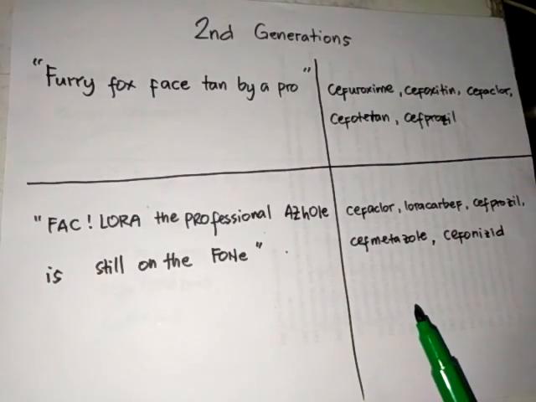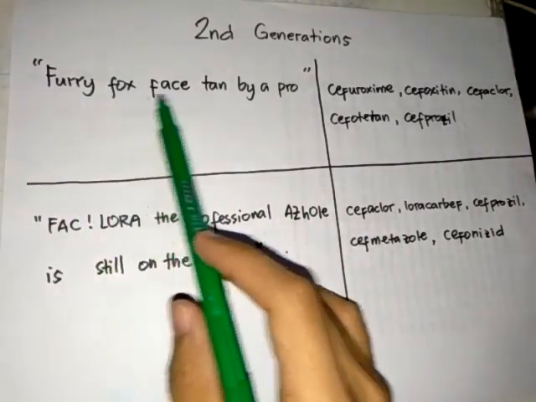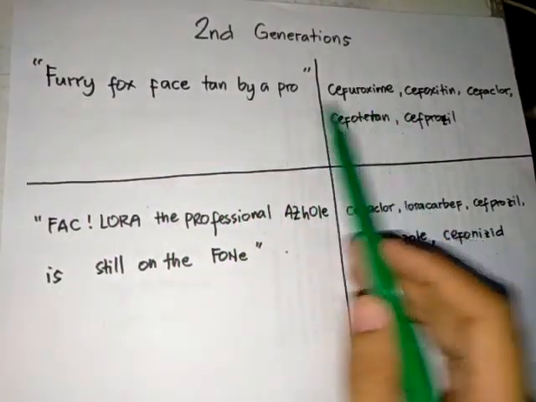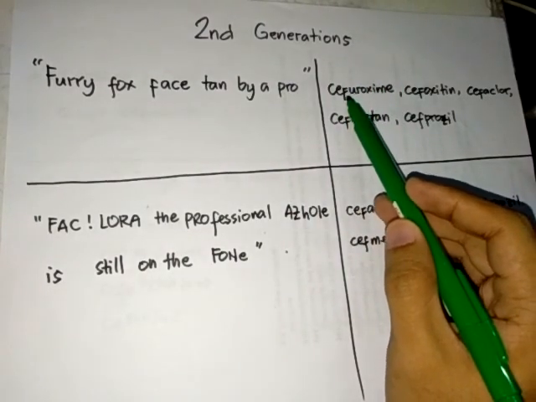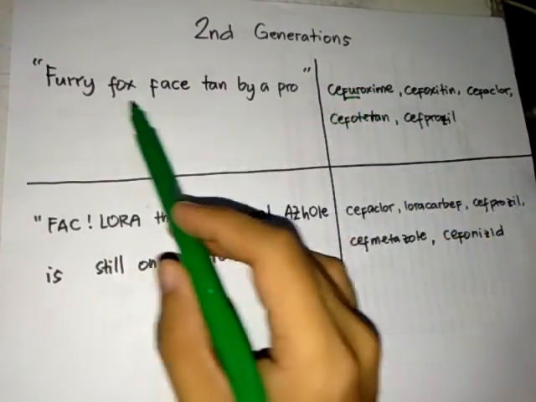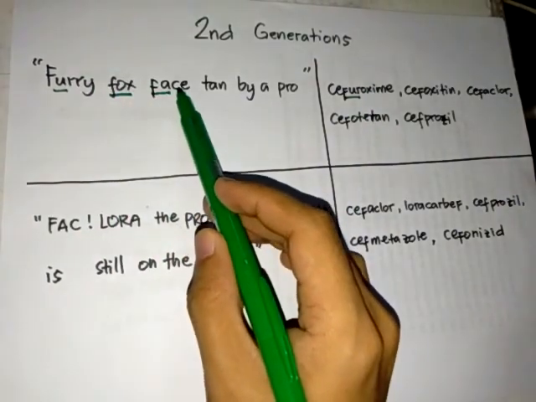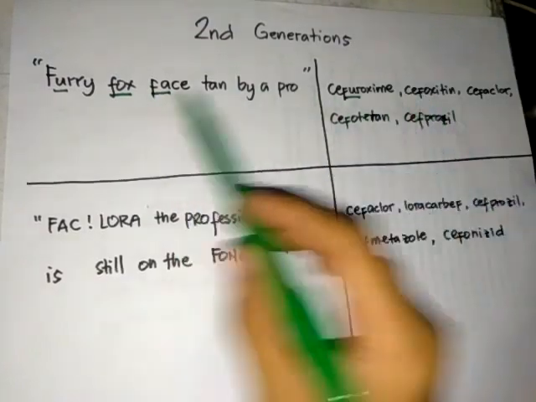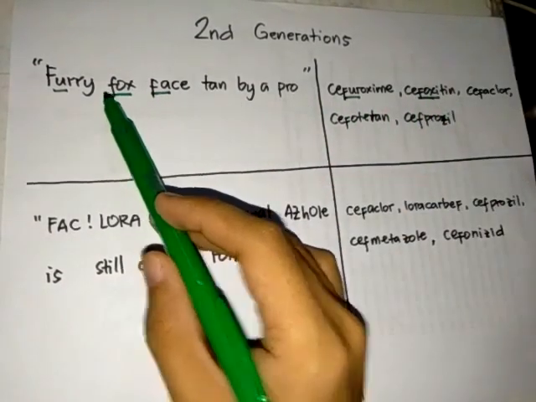Next is your second generation cephalosporin, by using the expression "furry fox face tan by a pro." Furry, cefuroxime. Fox, cefoxitin.